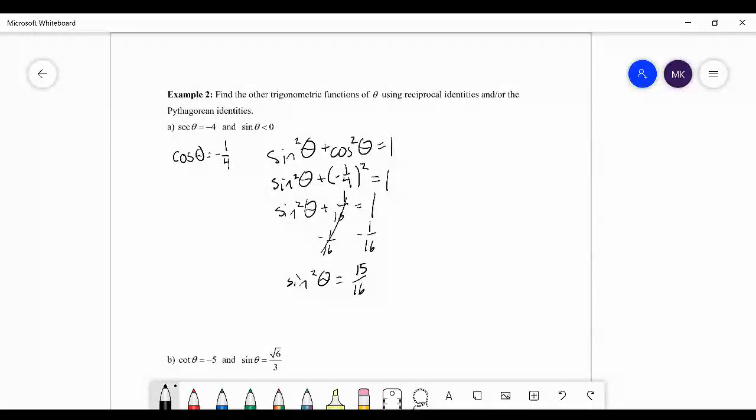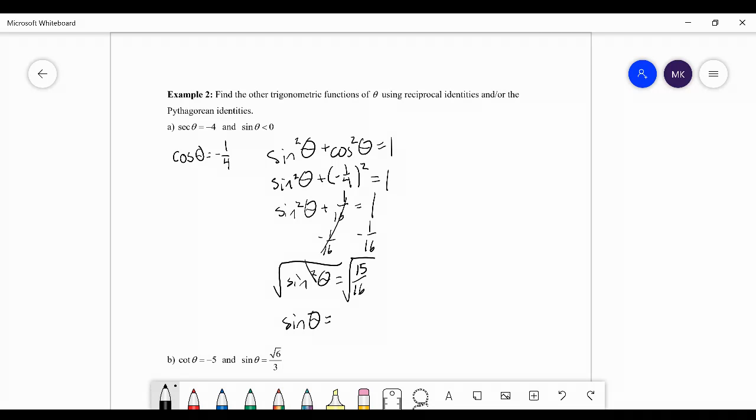And so now to get sine by itself, we need to square root both sides. So in square rooting both sides, I end up with sine theta equals. Now this is where that little extra piece comes in, that sine theta is less than 0. We know that when we square root both sides of an equation, we need to get plus or minus on the other side.